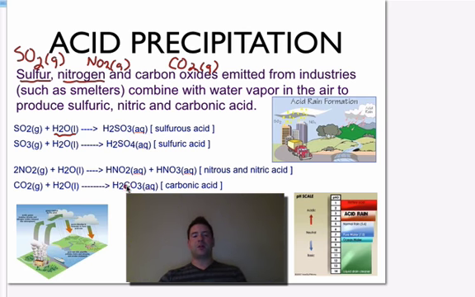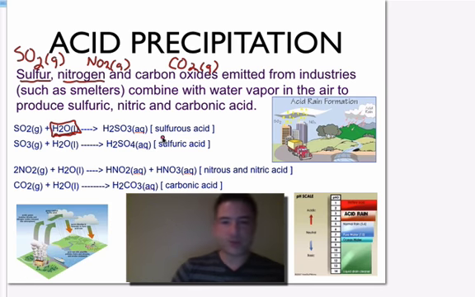So all three of these are going to be called non-metal oxides, and that'll be important to know. And so these oxides are going to combine with water vapor in the air, and what's going to result is water droplets that are acidic.